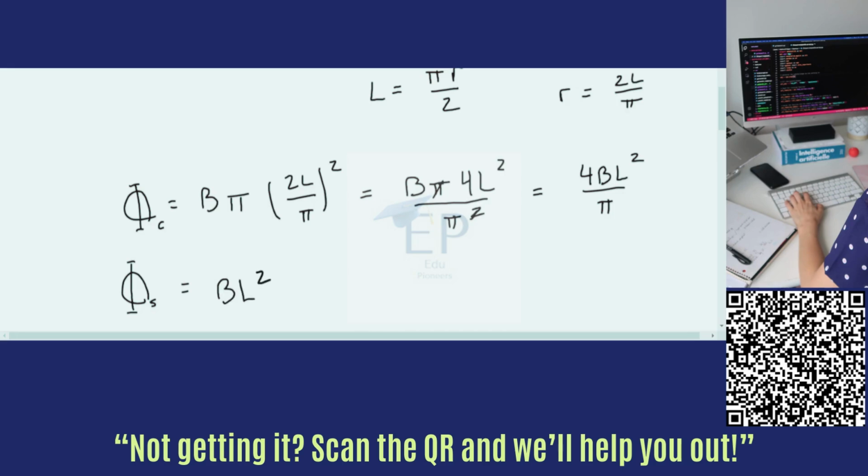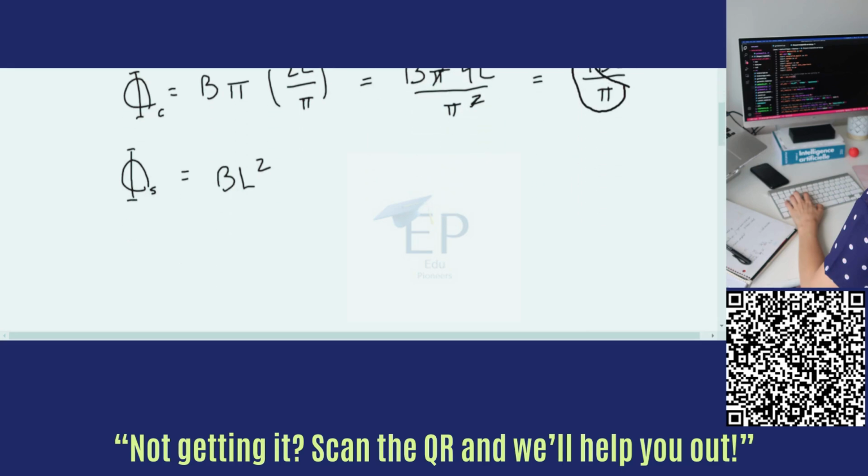So if you notice, they're almost the same, right? They both have a B L squared. The only difference is 4 over pi right here. So we could relate these two fluxes by saying that the flux through the circular loop is equal to 4 over pi times the flux through the square loop.